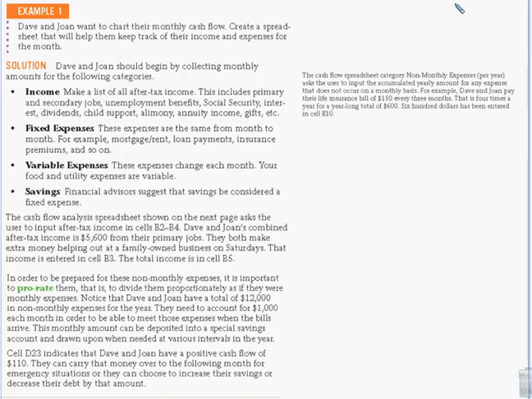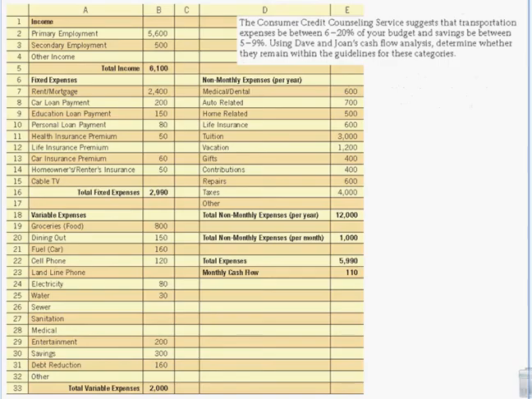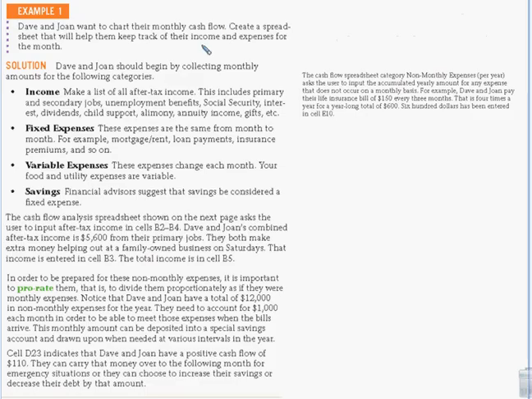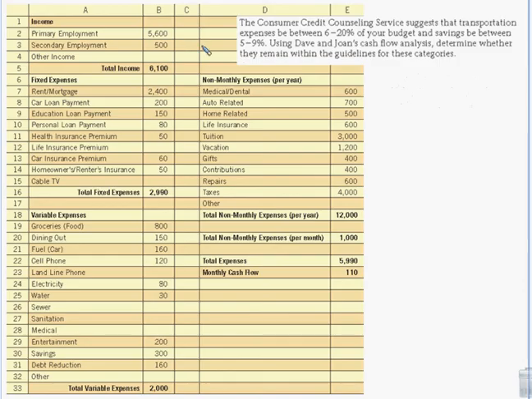So we have a sheet here we're going to talk about with this. Dave and Joan are charting their monthly cash flow, and they're creating a spreadsheet. So here's their spreadsheet of their monthly cash flow. This is their money in. Right here, that's money in.